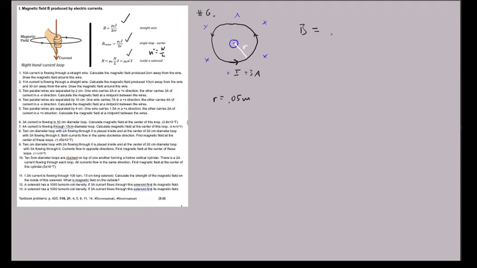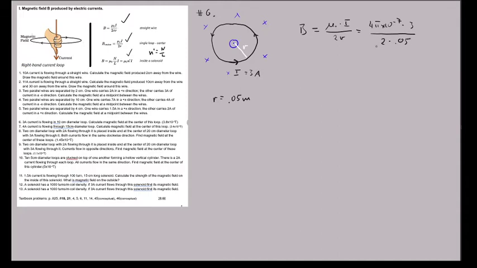The equation for the magnetic field at the center of the loop is mu naught times the current divided by 2R. Let's plug in the numbers. Mu naught is 4 pi times 10 to the negative 7th, times the current, which in this case is 3 amps, divided by 2 times 0.05.